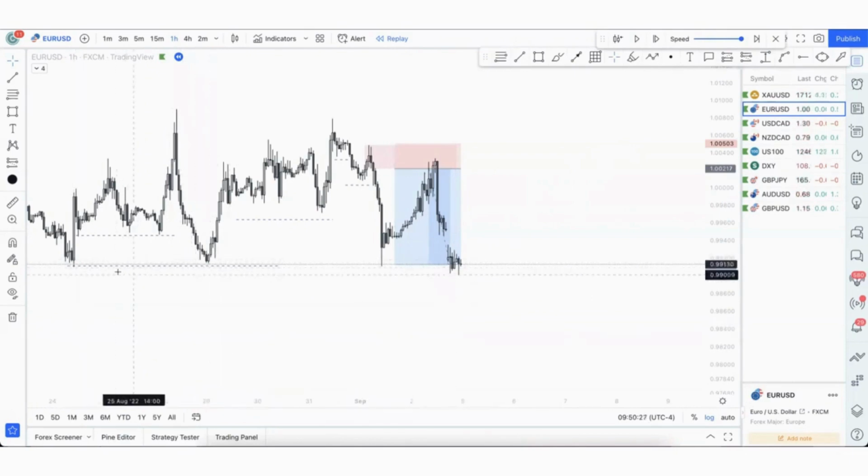So there are a lot of stop losses here that retail traders have.